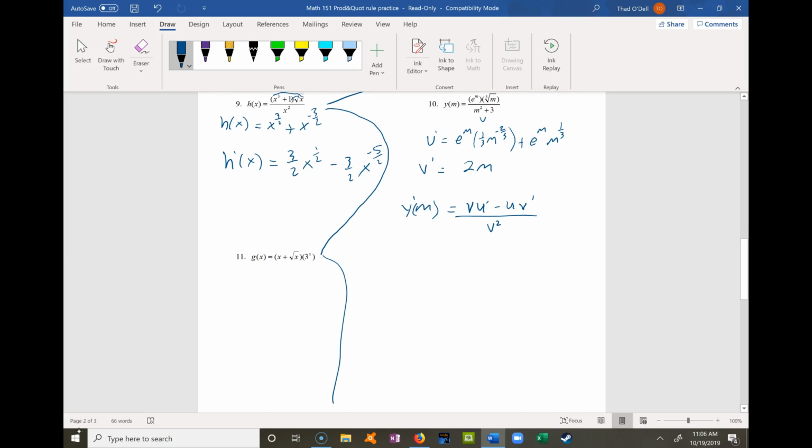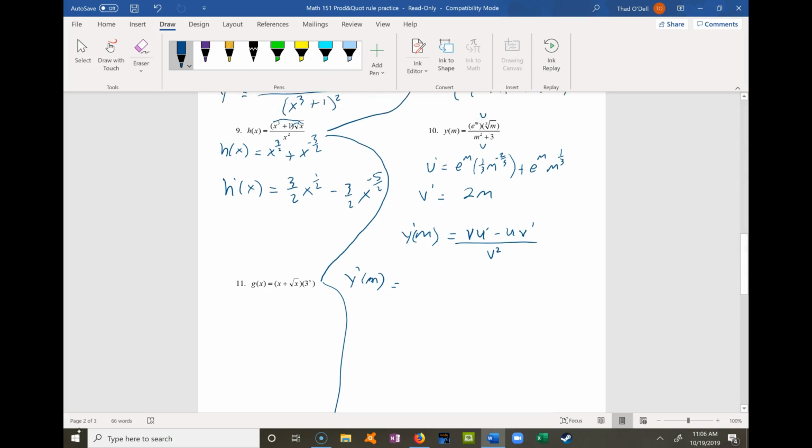Okay, so y prime of m. So as I said, v is just m squared plus 3, right? Low d high, so the derivative of that would be, I need a little parenthesis around this, 1/3 m to the negative 2/3 times e to the m plus m to the 1/3 times e to the m.